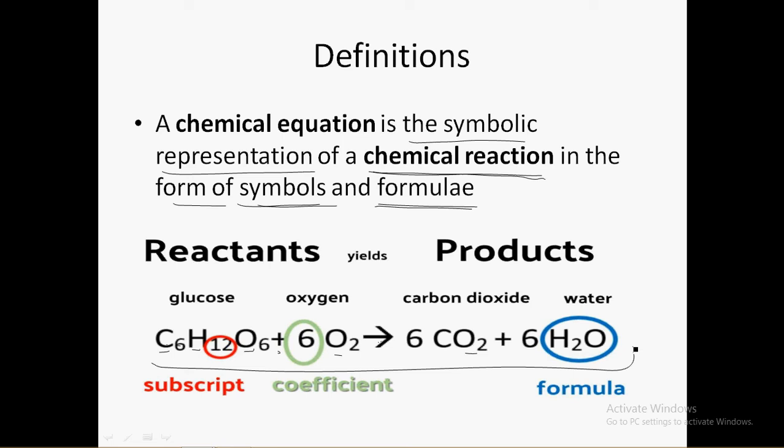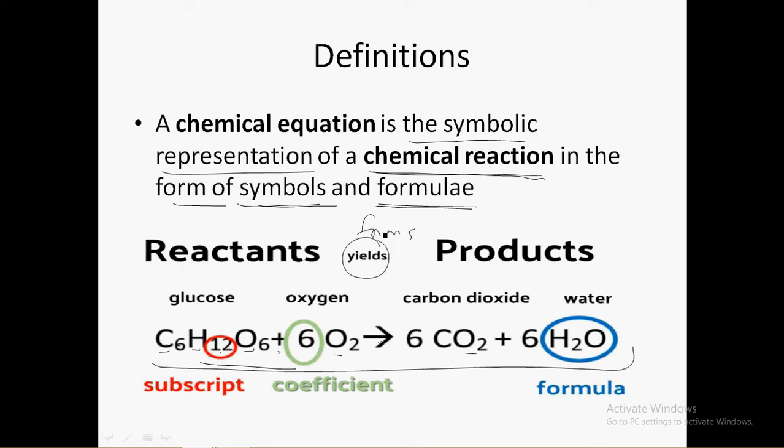Reactants are the raw materials that combine together to form our products. The products always lie on the right hand side, and the reactants always on the left hand side.